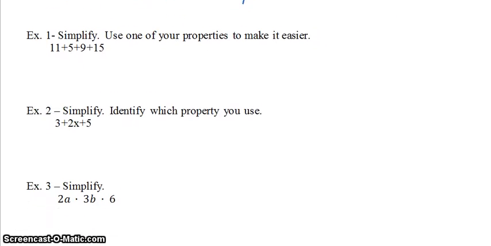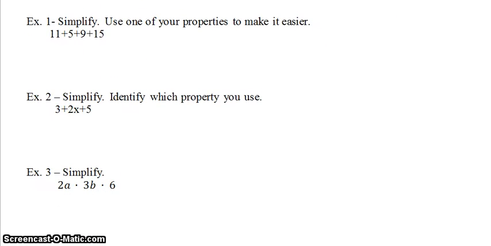Now we got our example problem. So it says use one of your properties to make it easier. Some of them are easier, like you can use multiple properties. So honestly, I'm going to switch these two because if I threw them in my head, you'll see. Okay, so basically I'm going to say 11 plus 9 plus 5 plus 15. So I switched those two, so I used what property?